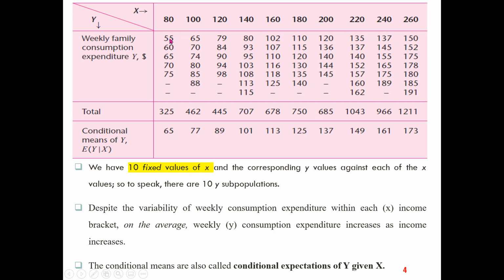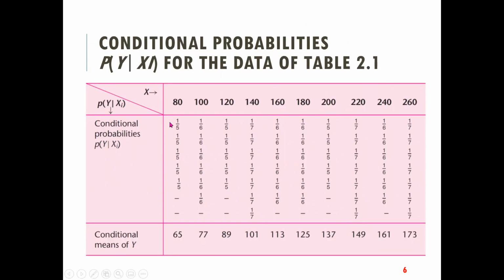So 1 by 5 is the chance that the family will consume $55. Again, 1 by 5 is the chance that the family will consume $60, and so on. In other words, each value is equally likely.